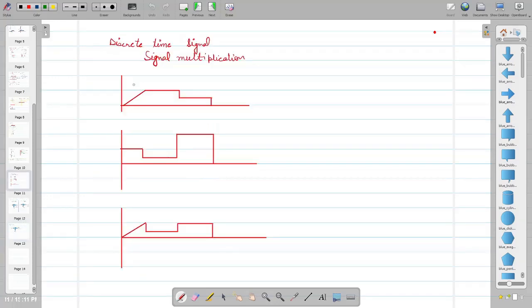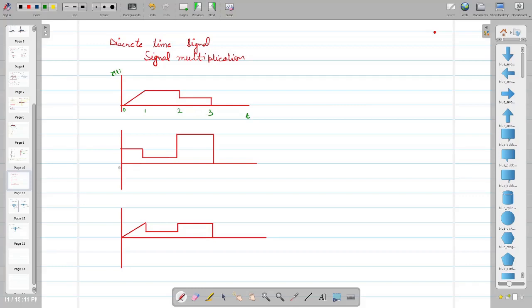Now this is for the more clear picture, that we are having time here and we are having x(t) here. Okay. So if it is so we have to represent each and every component on the time axis. Say it is 0, it is 1, it is 2, it is 3.